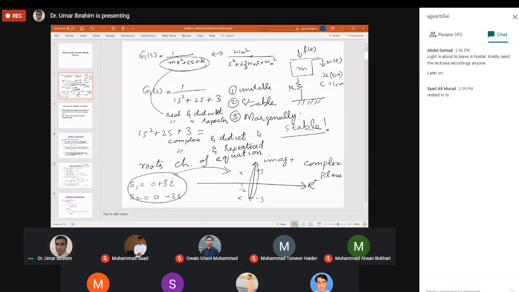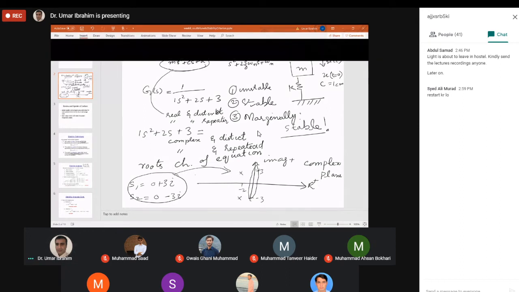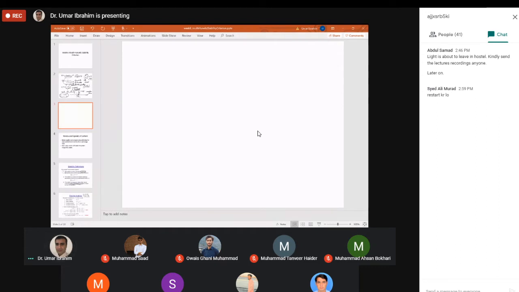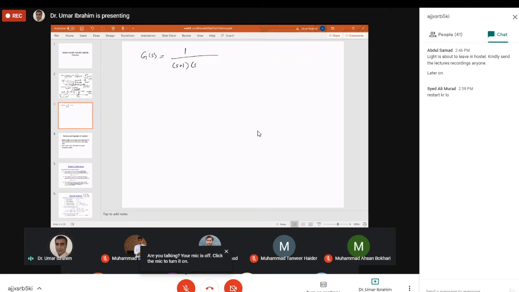Now, can I write the four examples for you? Let's see. New slide. For example, I have G of s equal to 1 over (s plus 1) into (s plus 2). Now these two roots, the poles for the system, are real and distinct.